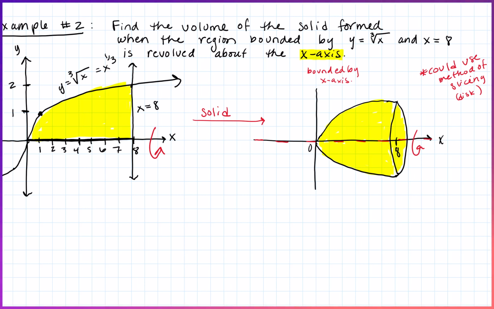Okay, so remember when we do shells, what we want to do is take a rectangle in our region that we're revolving that is parallel to our axis of revolution. So over here, I'm going to draw a rectangle and we're going to visualize that getting spun all the way around our axis of revolution to create our cylindrical shell. So over here, here is our little rectangle. It's being spun all the way around.